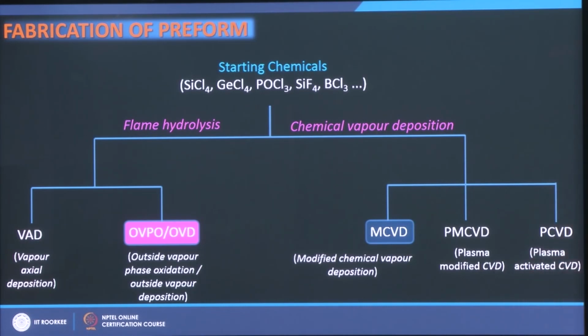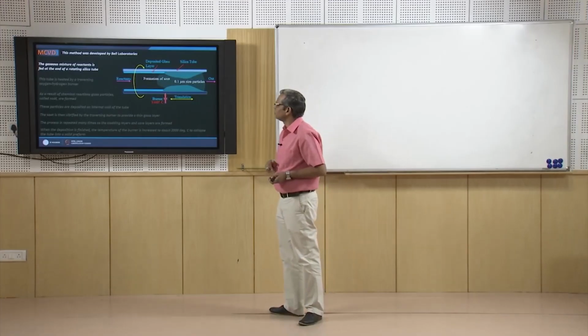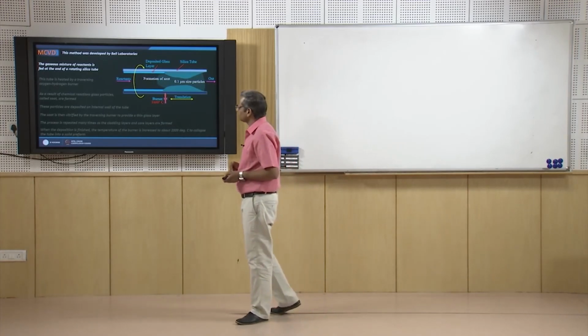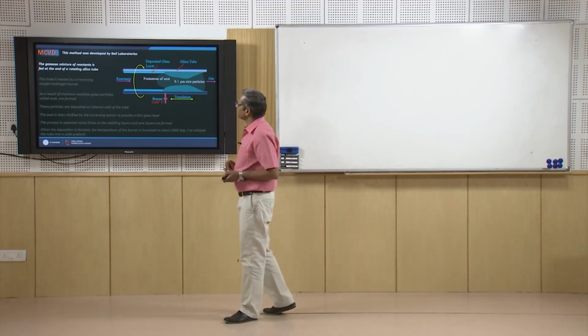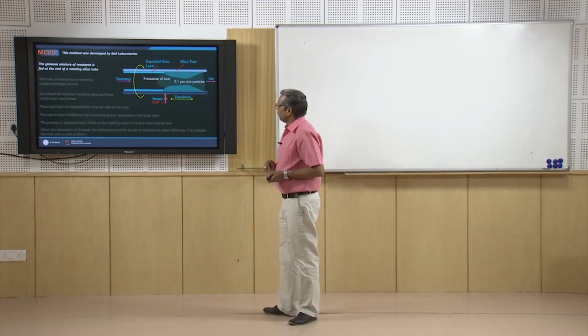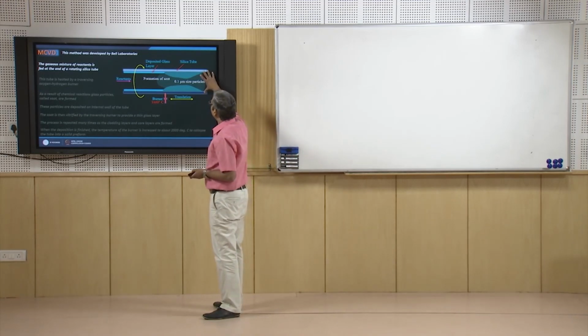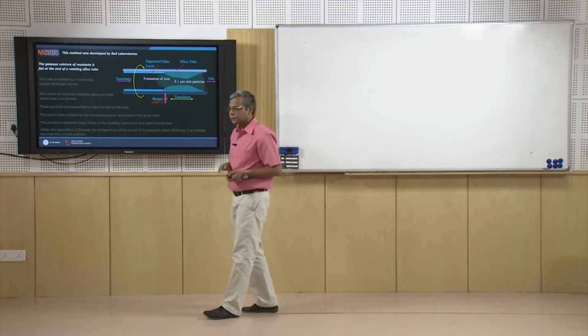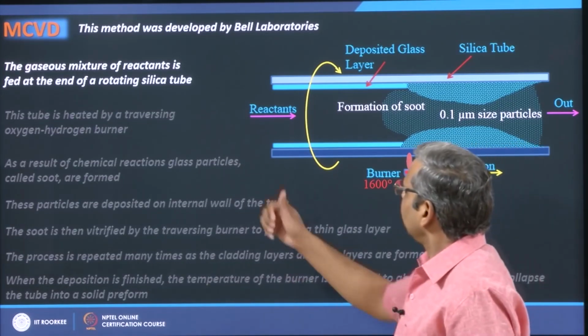I have a small video of making this glass preform using MCVD technique, which is routinely done at Central Glass and Ceramic Research Institute, which is a CSIR lab in Kolkata. So, I have a video from there which shows a glass working lathe.